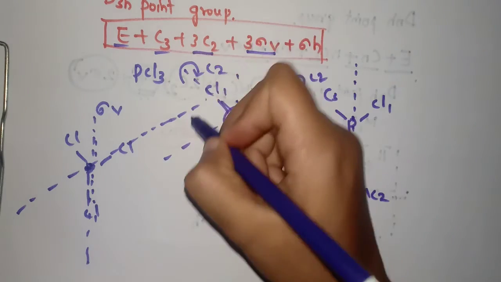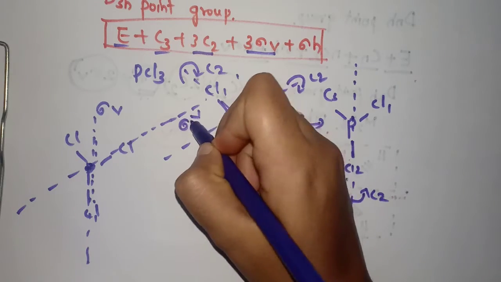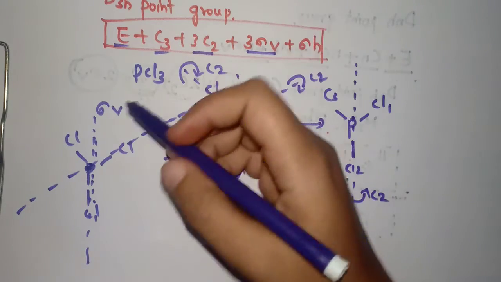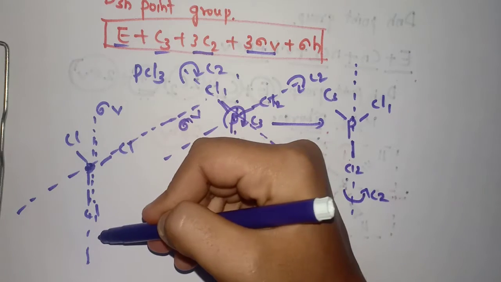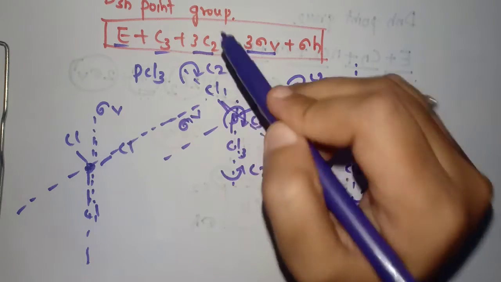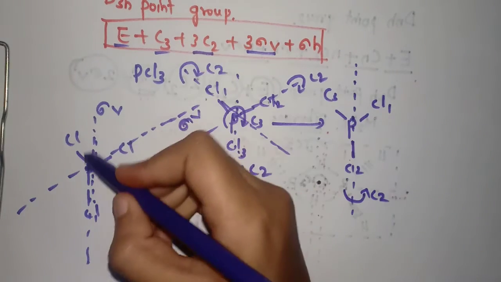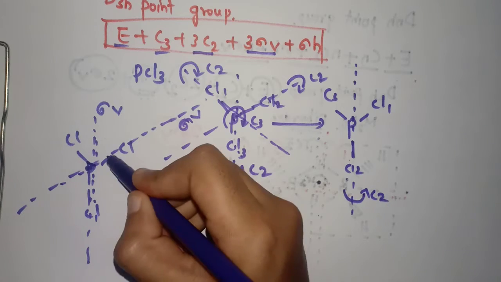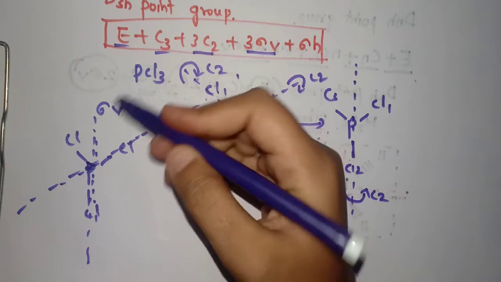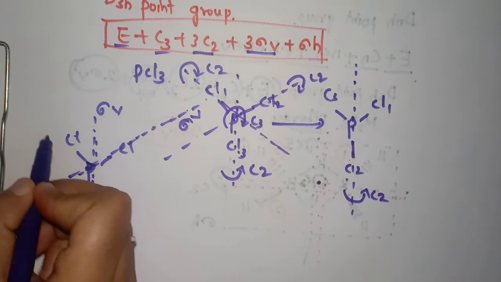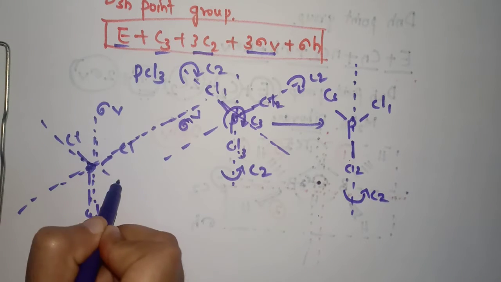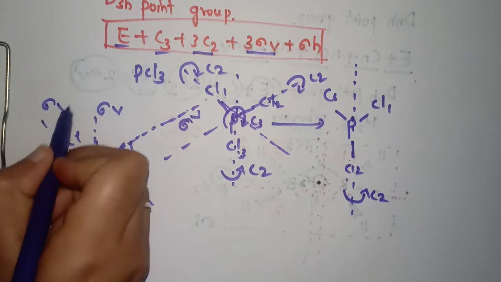So I am not rotating the molecule, this is sigma V. If I bisect the molecule into 2 equal halves, one should be the mirror image of the other and the plane should be parallel to the principal axis. Here is the principal axis and here I am passing the plane. These two are the mirror images of each other and another plane is here. Here is the sigma V.